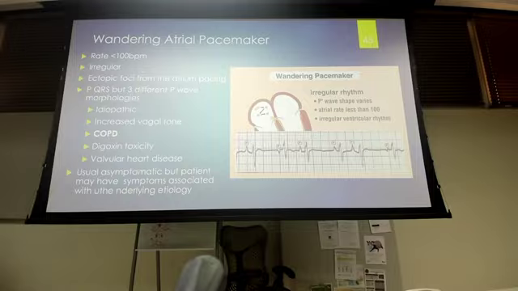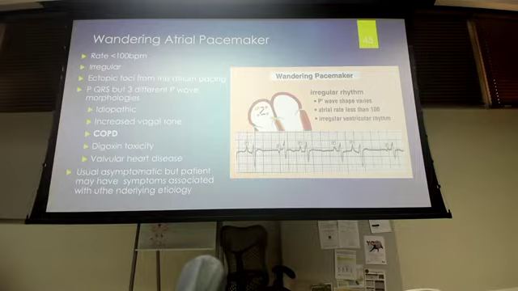So wandering atrial pacemaker, 3 or more different morphology P waves, but rate is less than 100. Still the same underlying causes, which is respiratory or pulmonary causes, but your rate is going to be less than 100. So make sure when you're reading the stem and looking at that ECG, if you have a rate greater than 100, 3 or more different morphology P waves, MAT.